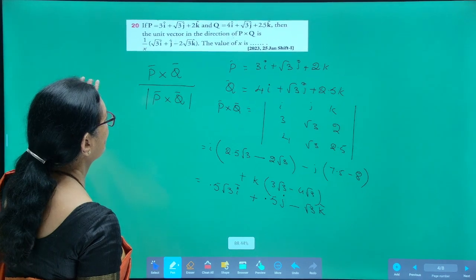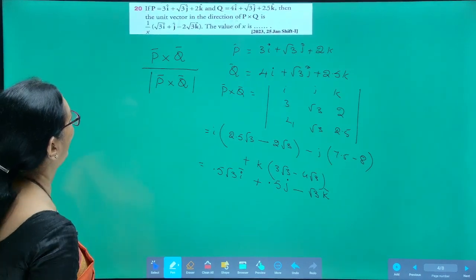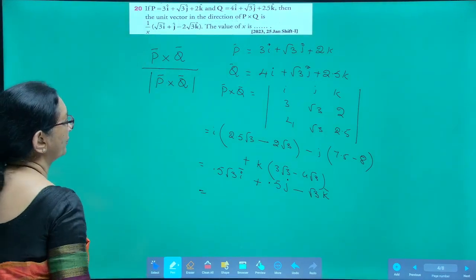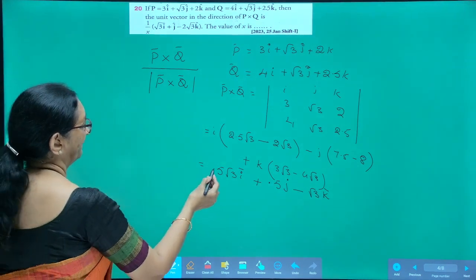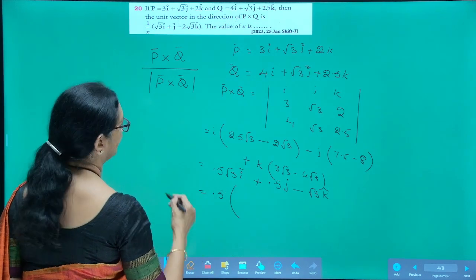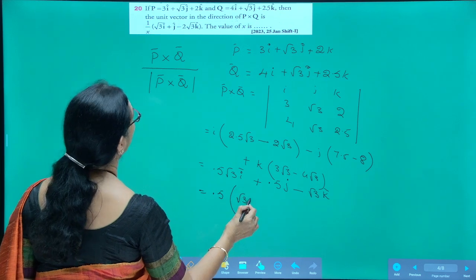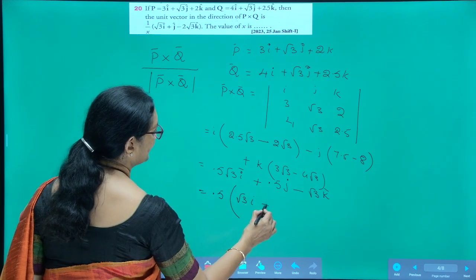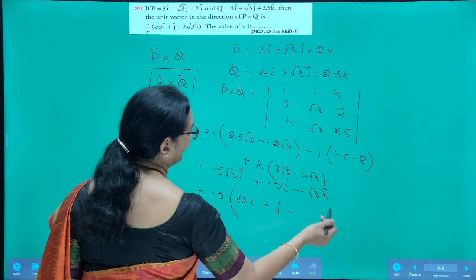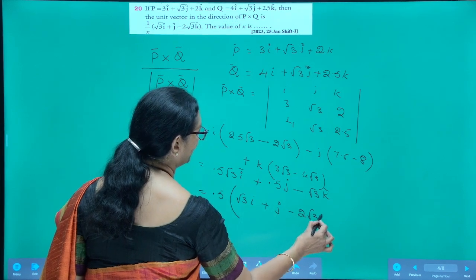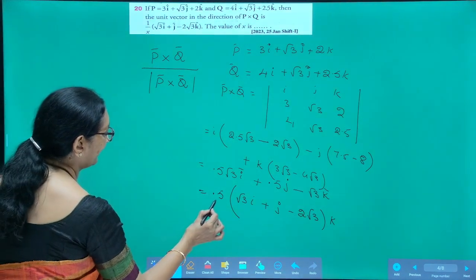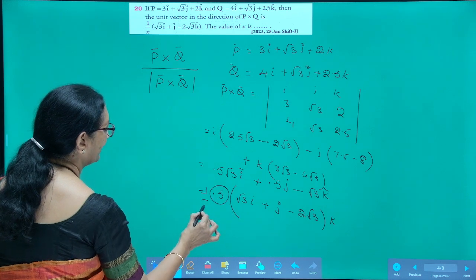That is the cross product of the two vectors. So here it is given as root 3. Let us take that 0.5 as the common factor outside. So root 3 i plus j minus, multiplying and dividing, it becomes 2 root 3 k. This 0.5 can be written as 1 by 2.